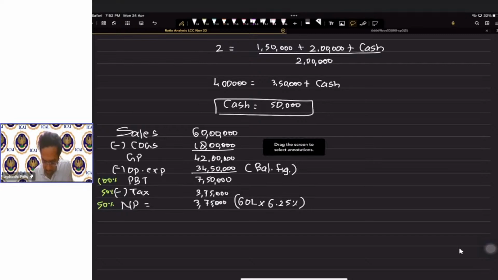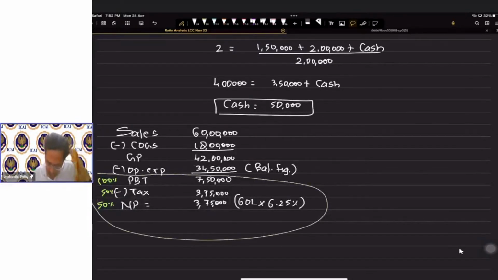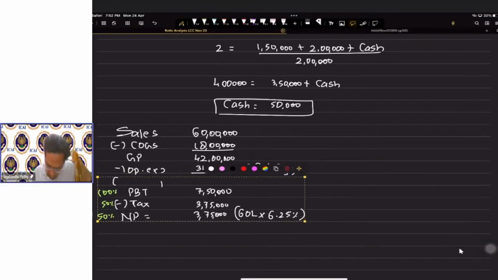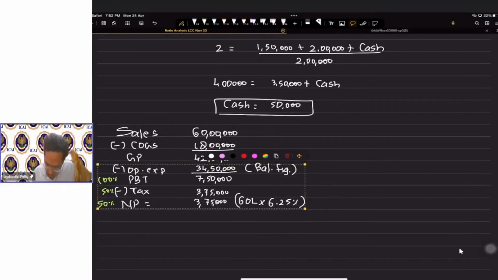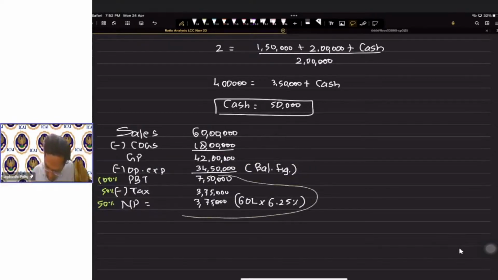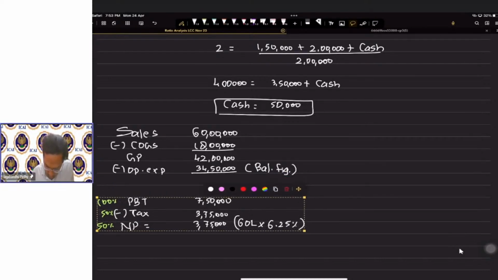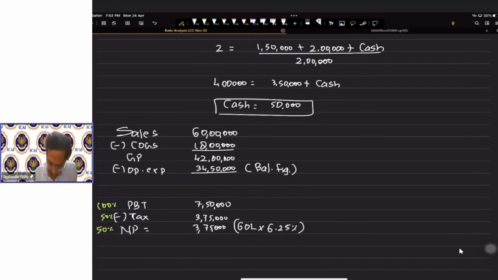If you say that it's that, that's essentially not correct by the way, guys, because from this operating expense, I actually still need to consider some other effects also. What are those other effects? From the GP, we subtract operating expense and we get EBIT.